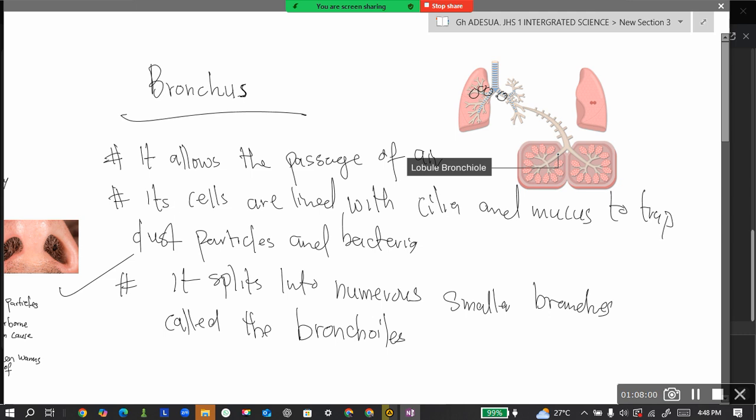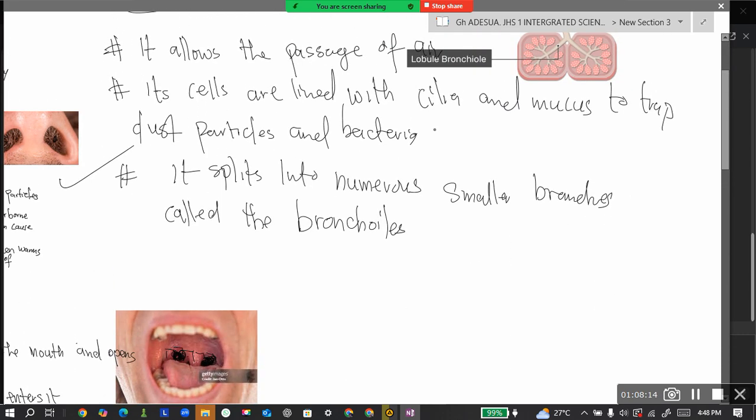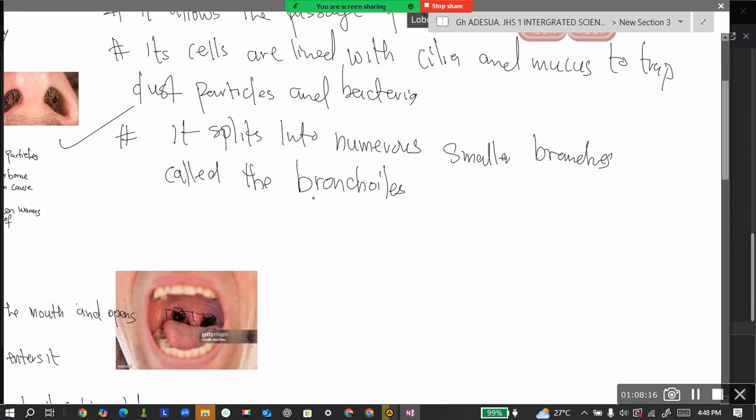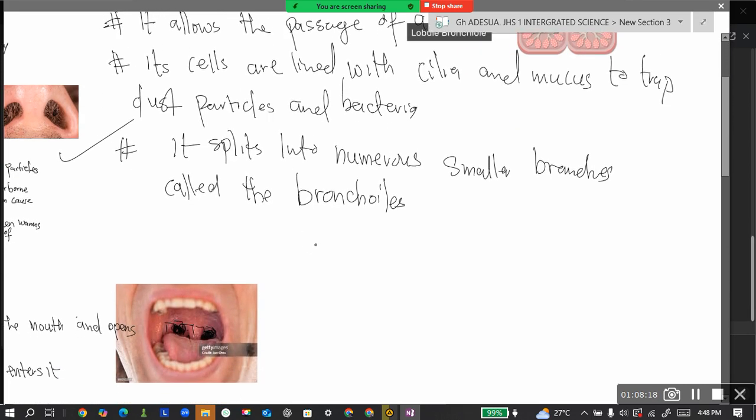These two things that branch are the bronchus, and these tree-like things are the what? The bronchioles. Are you getting it? So we can talk about the bronchioles and use this same diagram to illustrate, right?